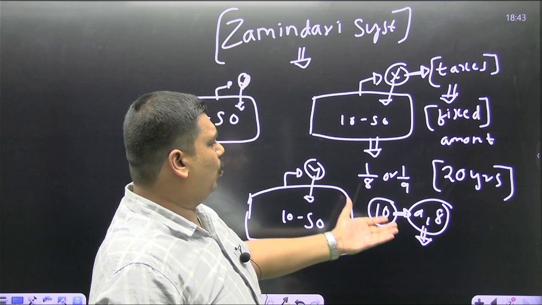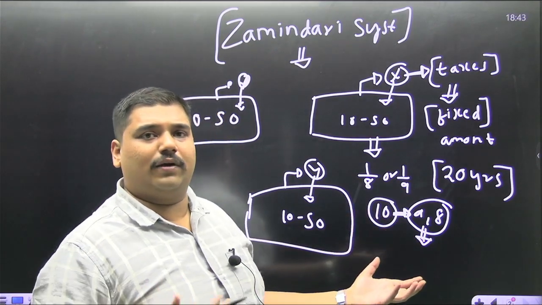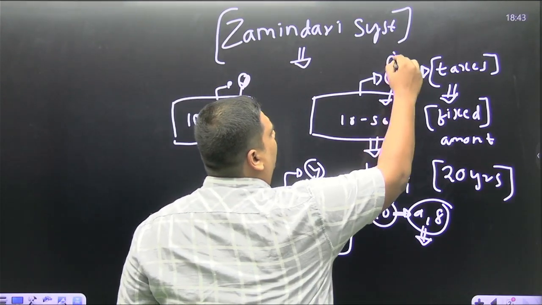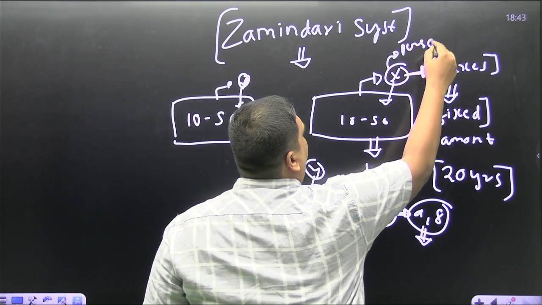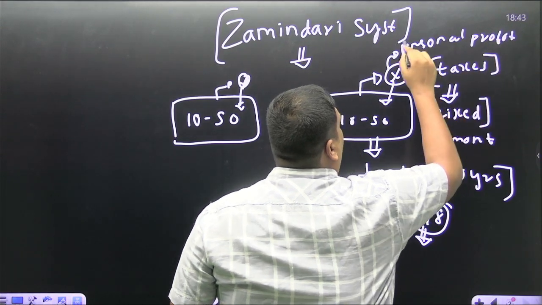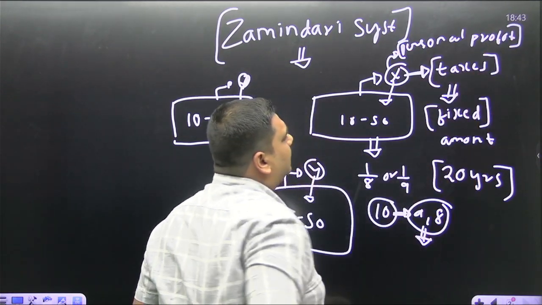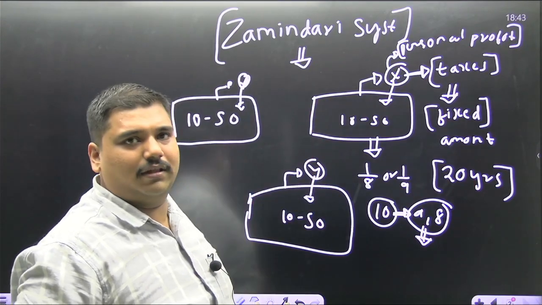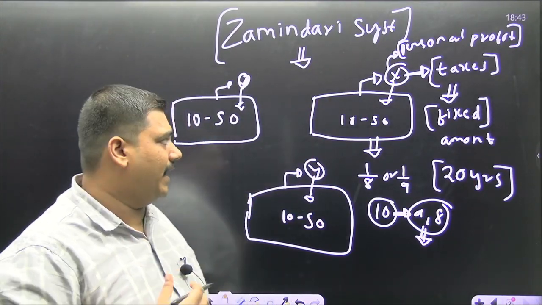The zamindar sold these excessive food grains for a personal profit. Therefore, the zamindar's exploitation of the cultivators began.